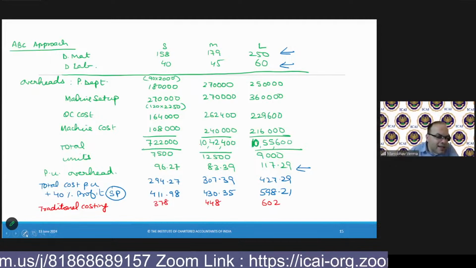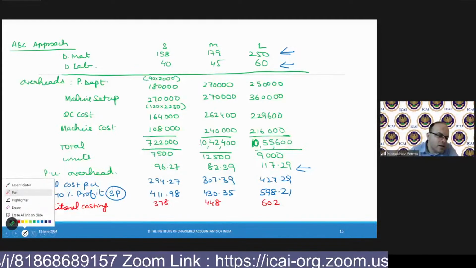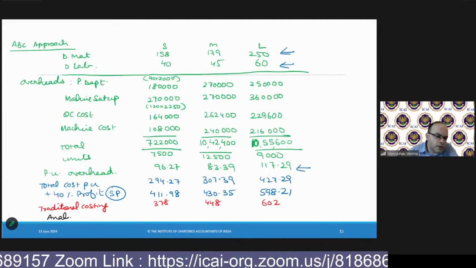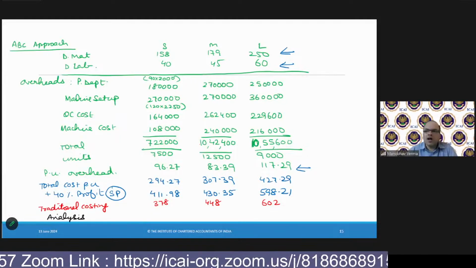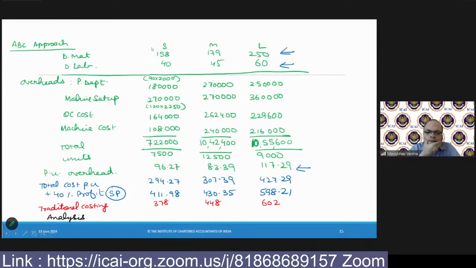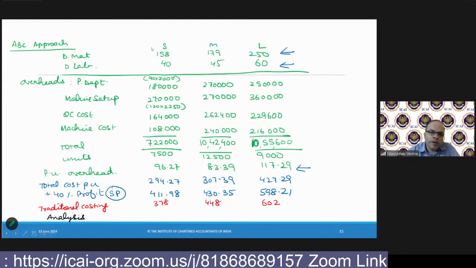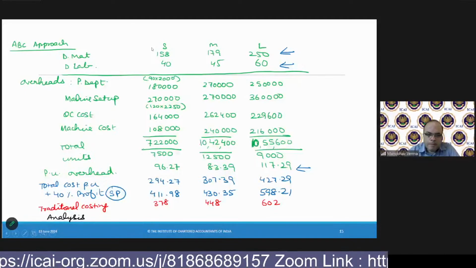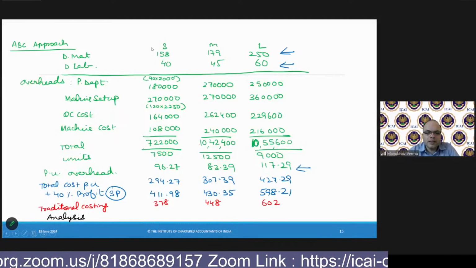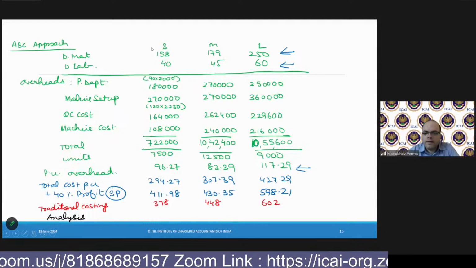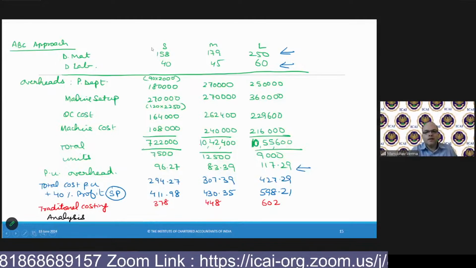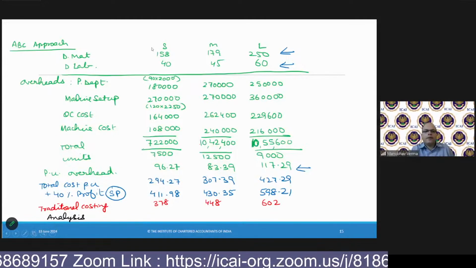So I need your analysis here, guys. What do you think? Is S underpriced or overpriced under traditional costing? Let's see your answers.